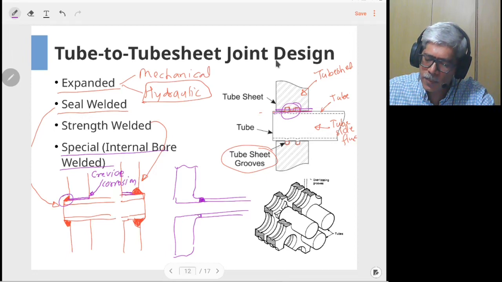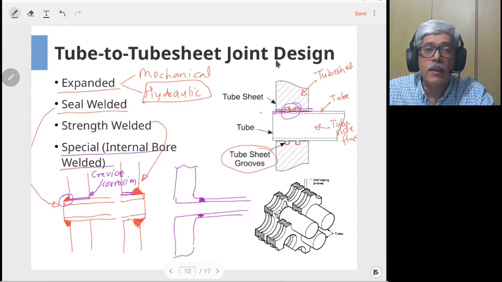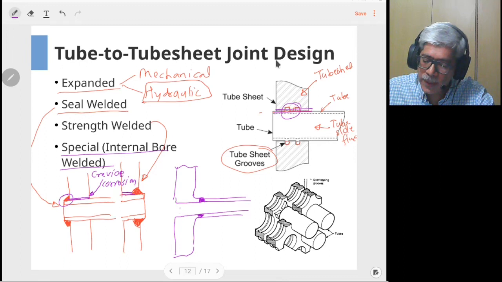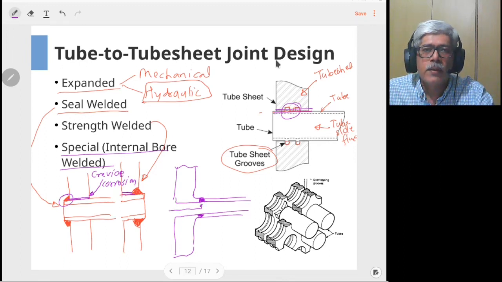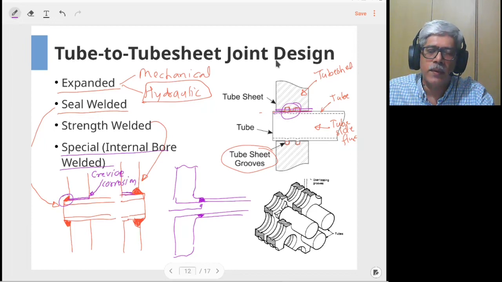In order to make this butt weld, you require a special type of welding gun which goes inside and then does the orbital welding. This joint is very costly, very difficult to clear through non-destructive testing, and used for very critical exchangers which are operating at very high pressure, and also in the nuclear industry.